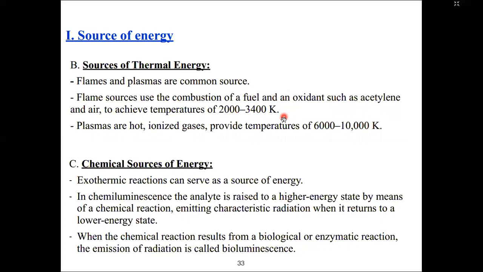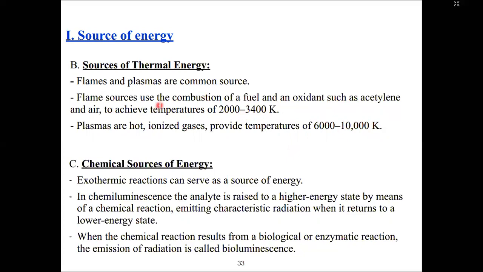Plasma is a hot ionized gas which provides the temperature of 6000 to 10,000 Kelvin. As you can see, the flame temperature range is very low, only up to 3400. However, the plasma is up to 10,000 Kelvin.